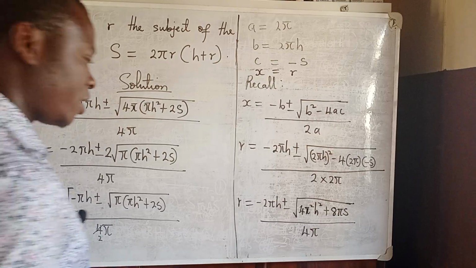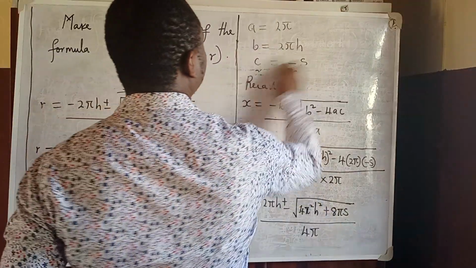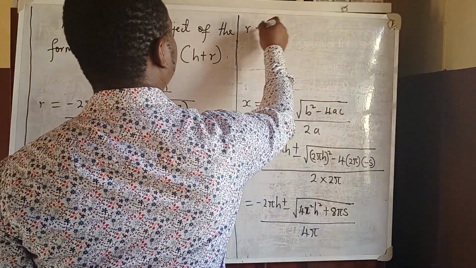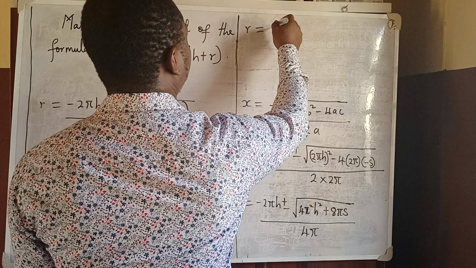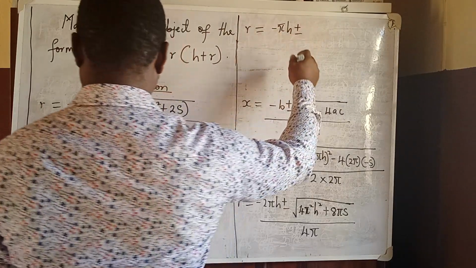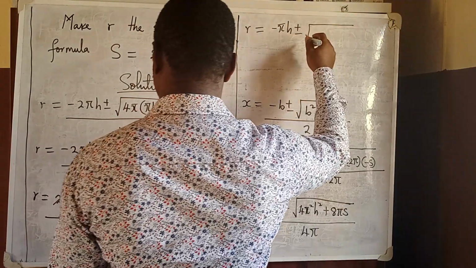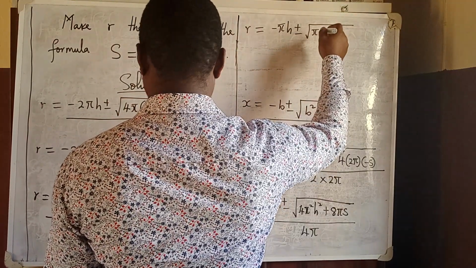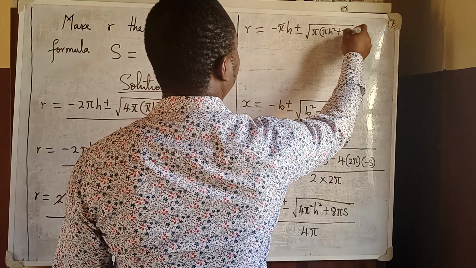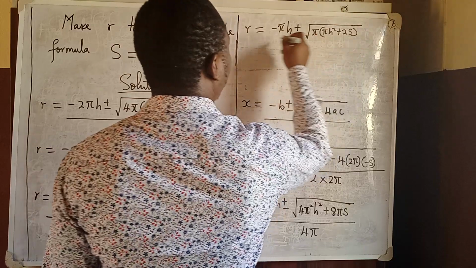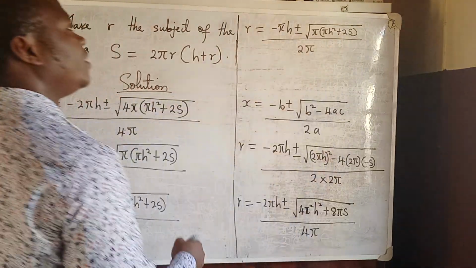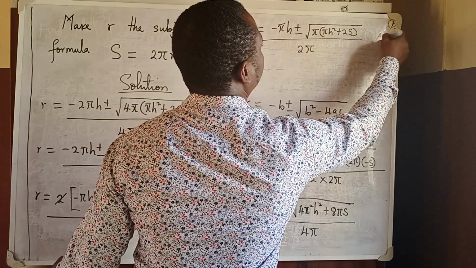So the final answer here will be R equals to minus pi h plus or minus the square root of pi into pi h squared plus 2s, all over 2 pi. This is the answer.